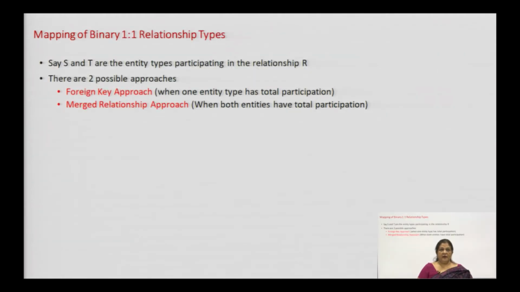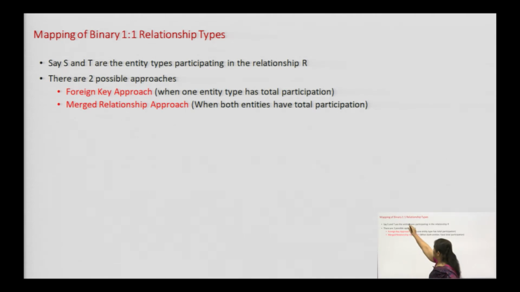Now, let us do the mapping for the binary relationship types, that is, the relationship types which have two participating entity types. We will do it for 1:1 relationship types, 1:n and m:n relationship types.